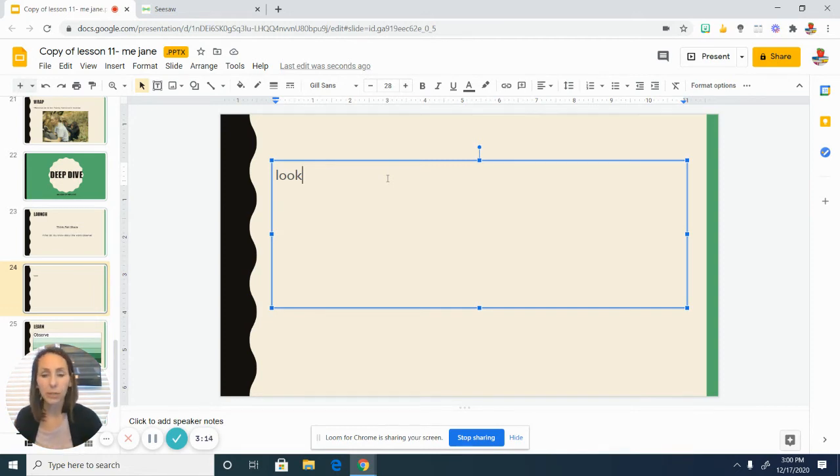So, can we think of some other words that have a similar meaning to observe, look? I was thinking watch, right? We might watch something by looking at it and watching something. I also think about the word discover. Not sure if you think about that too, but we've been using that word quite a bit when we talk about our essential questions and our content framing questions, our pizza questions at the beginning of our lessons. What can we discover? That makes me think of looking at something and trying to find out something new.